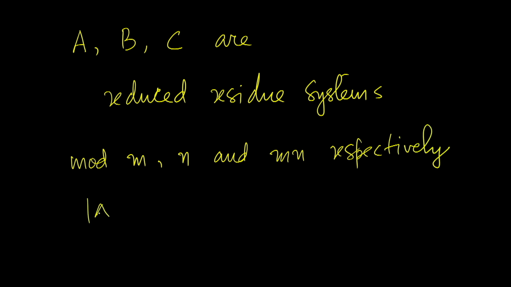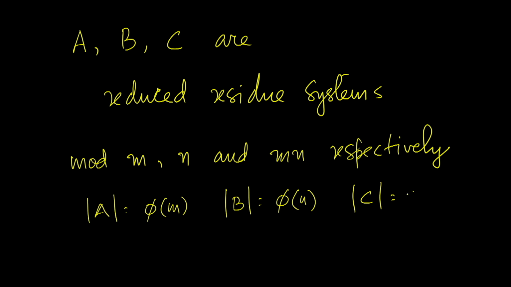Then the size of A is phi of m, size of B is phi of n, and size of C is phi of m into n. Let us say X is some member of C, the reduced residue system modulo mn.